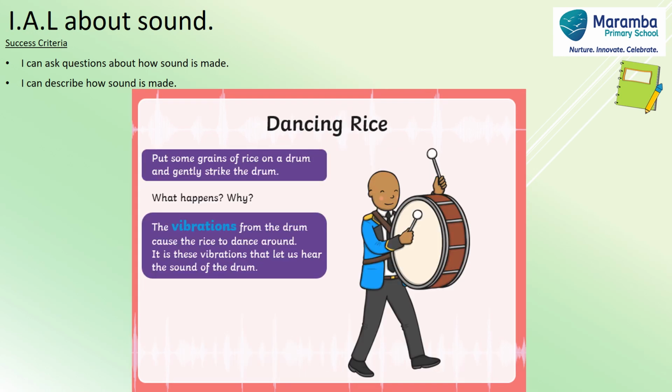Drums are a great source of vibrations. When you bang on the drum, the skin of the drum vibrates slightly, producing the noise. If you were to have a drum and put something on the top, like rice, you might be able to see the vibrations that happen.